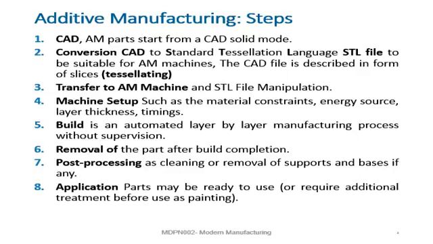All the information of the slices is kept in that file, and this file is transformed into a language that can be understood by the additive manufacturing machine. Then the machine is set up and the part is built in a layer by layer fashion, as we are going to see in this lecture. The part is then removed. We could have some little finishing of the part, to remove the supports, for instance, or finalization by painting.